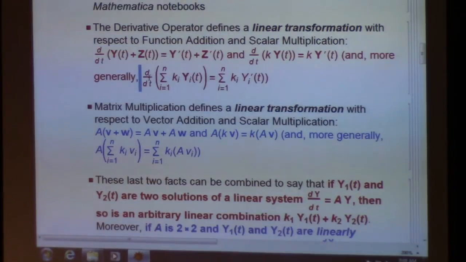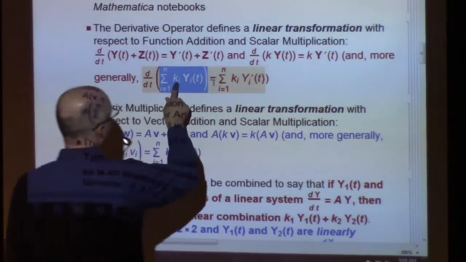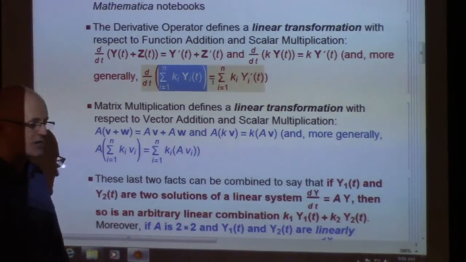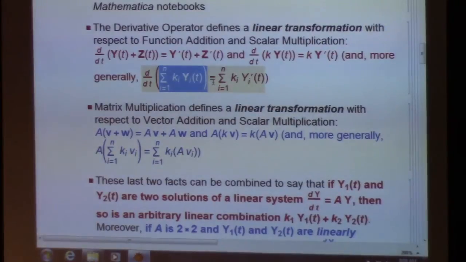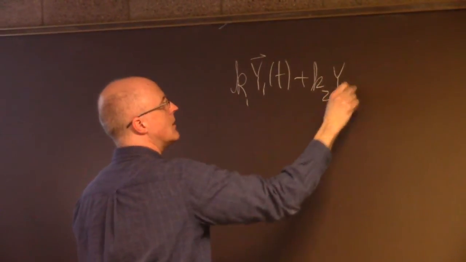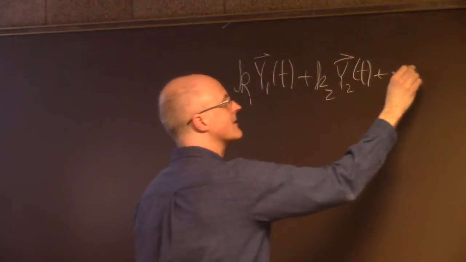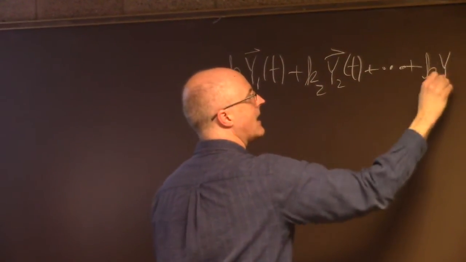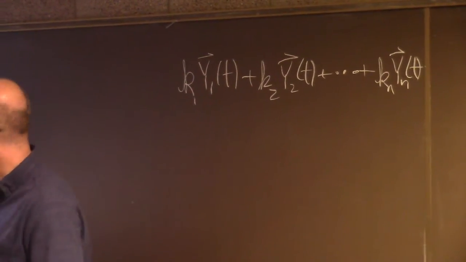More generally, if you take the derivative of an arbitrary linear combination like this, so we have a summation, k_i is a constant, y_i is a function of t. If you wrote such a linear combination out by hand, you'd write it with dot, dot, dots. You'd write it as k1 y1 of t plus k2 y2 of t, etc. Put the dot, dot, dots there. kn yn of t. That's how you'd write out in expanded form what that summation symbol up there means.